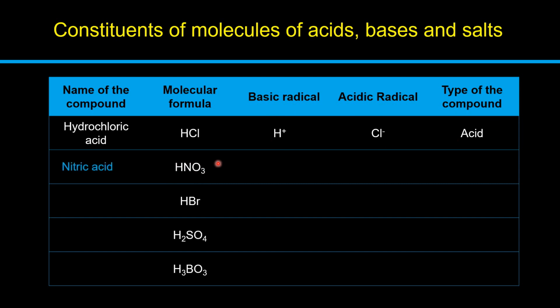It is nitric acid. It has basic radical H+ and acidic radical NO3-. With H+ available, it is an acid. Next is HBr, like hydrochloric acid, this is hydrobromic acid. Again, it can be split into H+ and Br-, making it an acid.